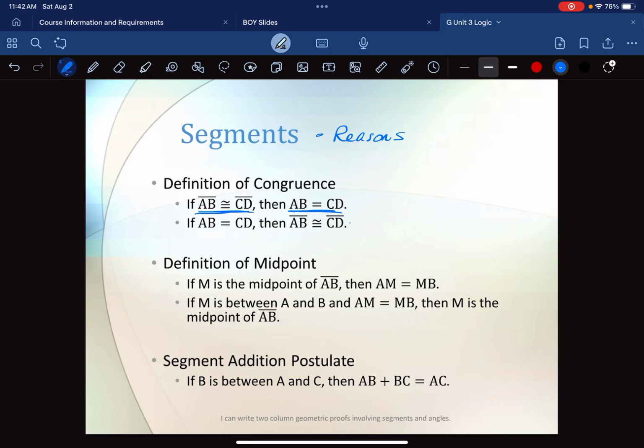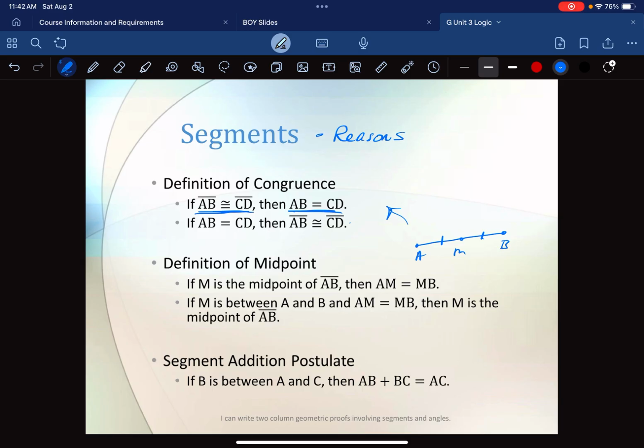Definition of a midpoint. Here's the definition itself. If M is the midpoint of segment AB, I'm going to make a sketch here. So here's my segment AB. If M is the midpoint, then I know that segment AM is equal to segment MB, and therefore they're congruent by that definition of congruence we just looked at.